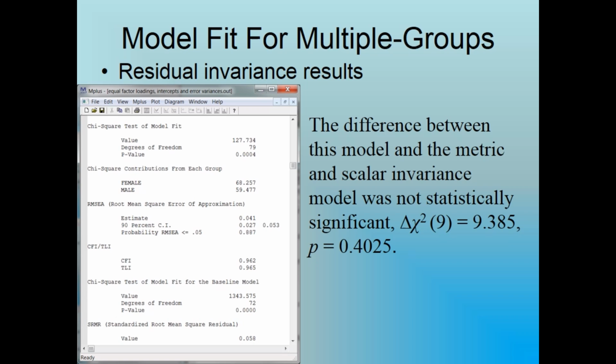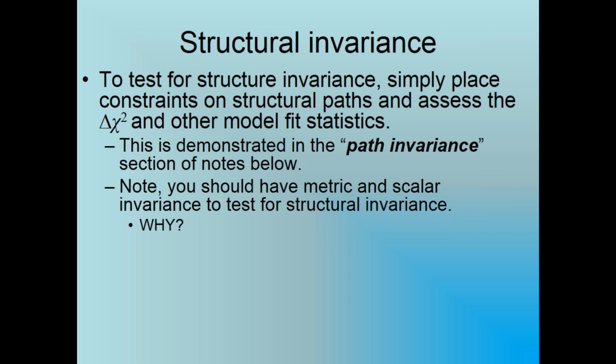However, just like the measurement invariance, all you're going to do is compare the model where the paths or the structural coefficients are invariant to a model where they're not invariant, and you're going to assess the change in chi-square. Again, it's very important to remember that you have to have metric and scalar invariance before testing for structural invariance.